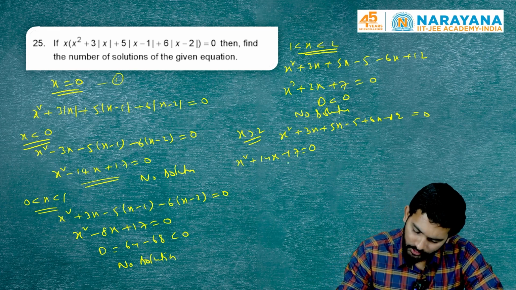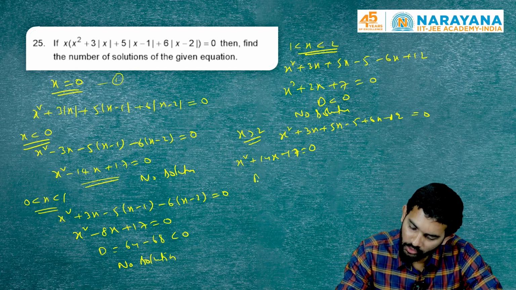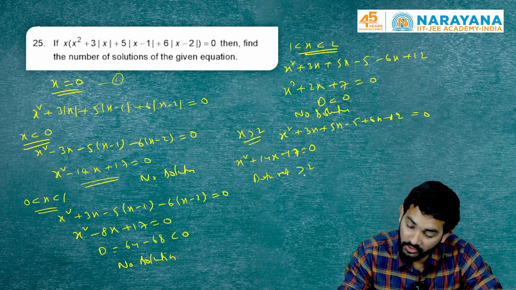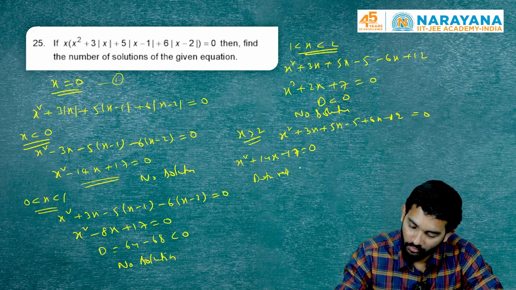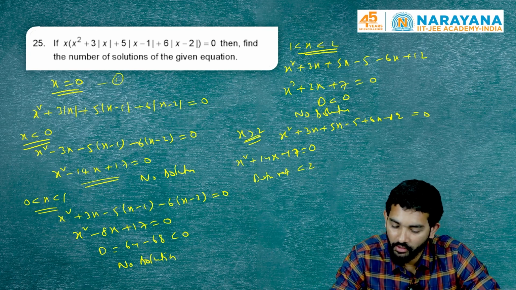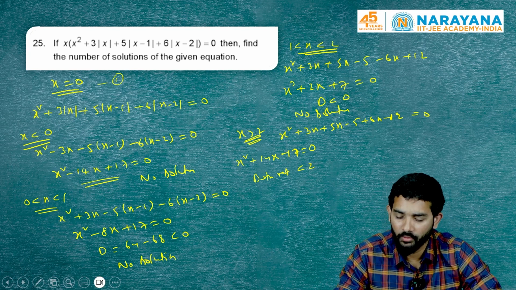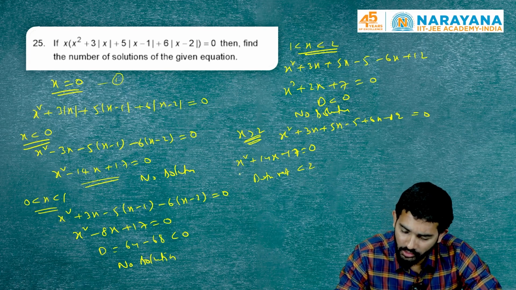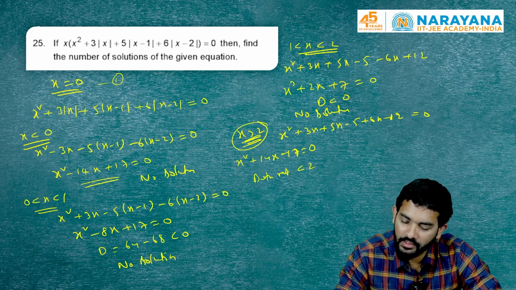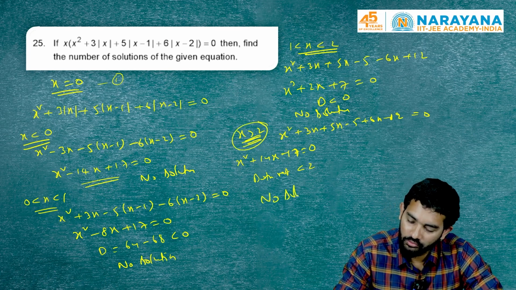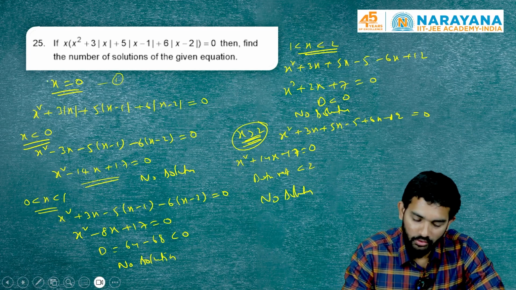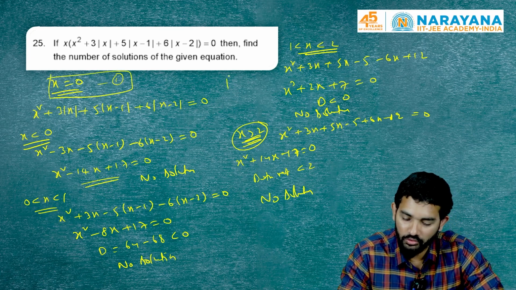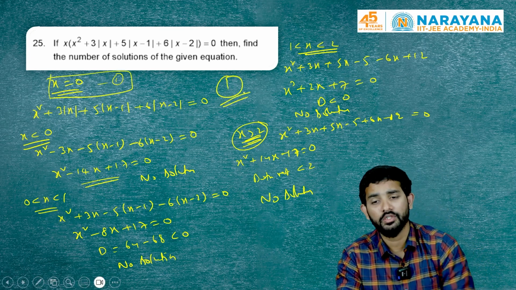Now here if you observe, if you find the roots and if you approximate them, or if you use location of roots, you will get both the roots as less than 2, but the case we have taken is x greater than 2. So here also no solution, which means the only solution we got is x equal to 0. So only one solution is there for it. Number of solutions will be 1.